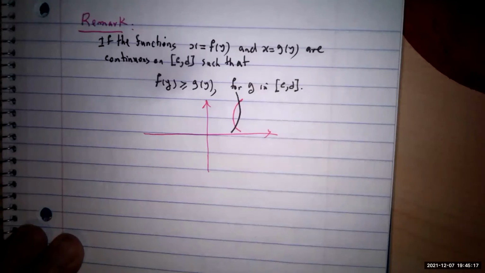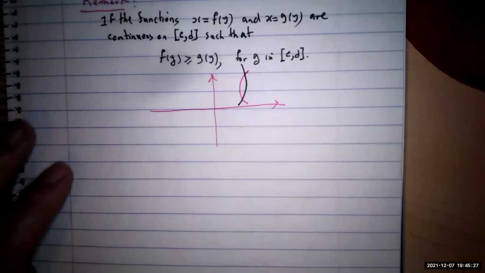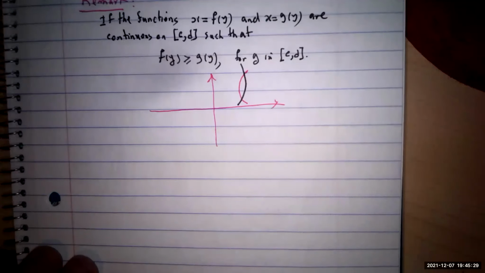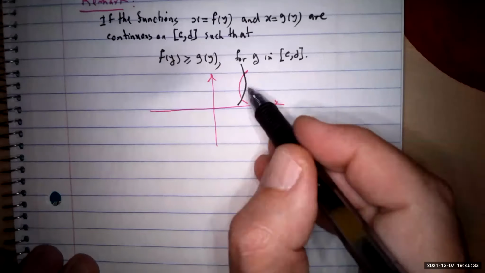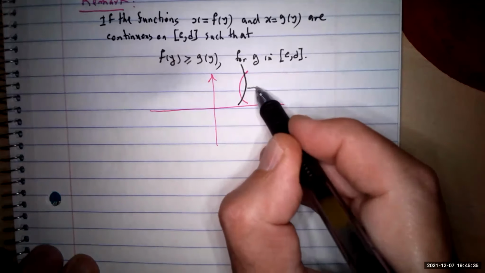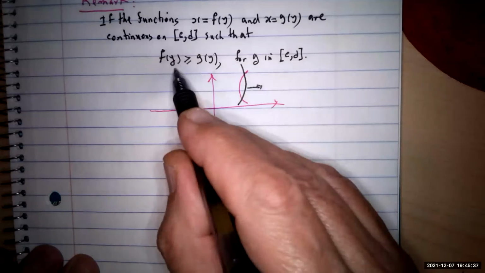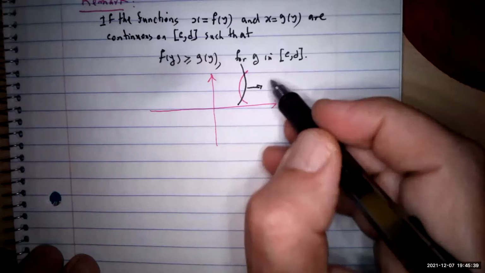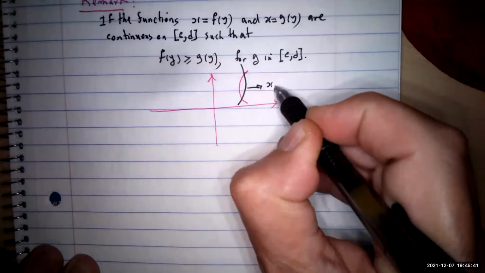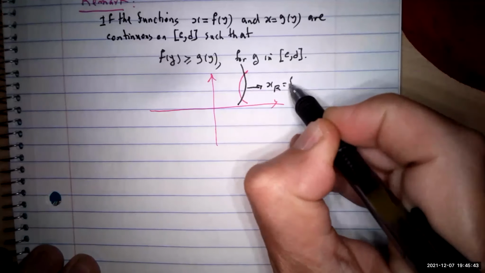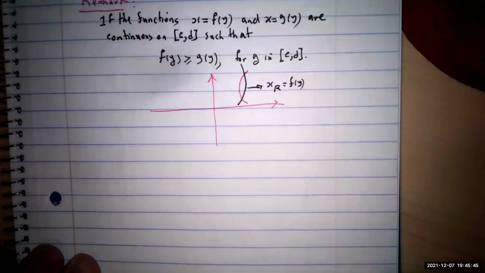If you want to think about the top and the bottom, the top one is going to be this black one, which is the one to the right. Again, it's not a big deal, but if you want a formula, this black one is the function to the right, the f function. So we say x of the right is going to be f of y.